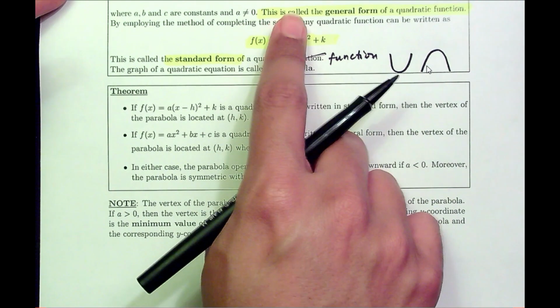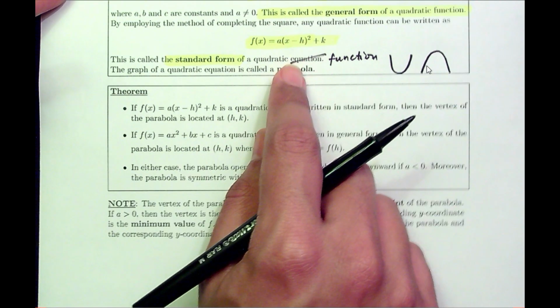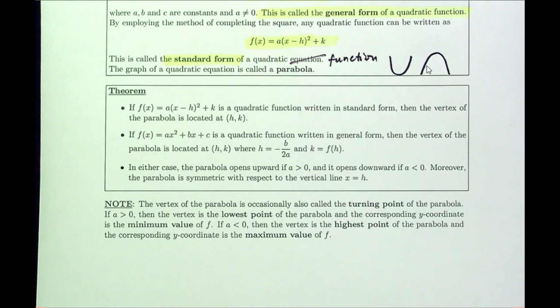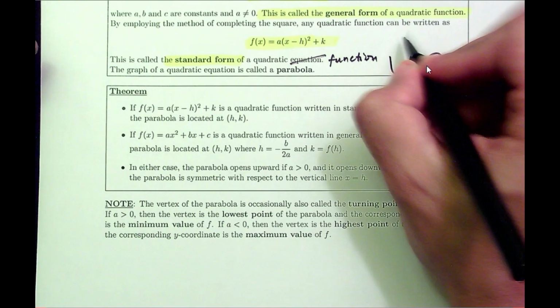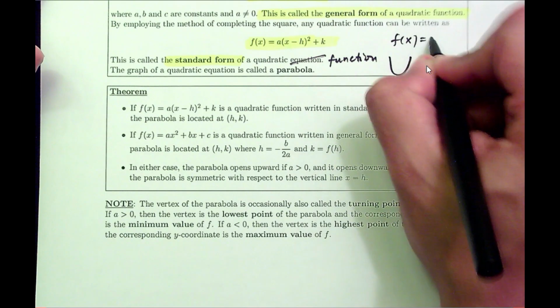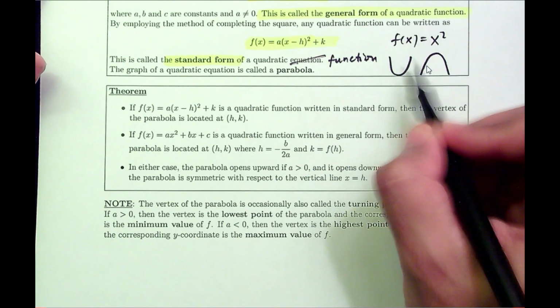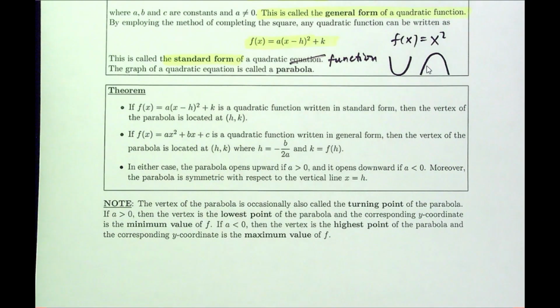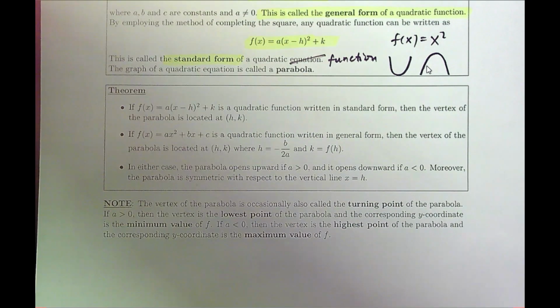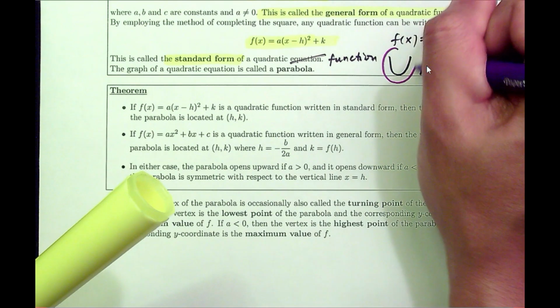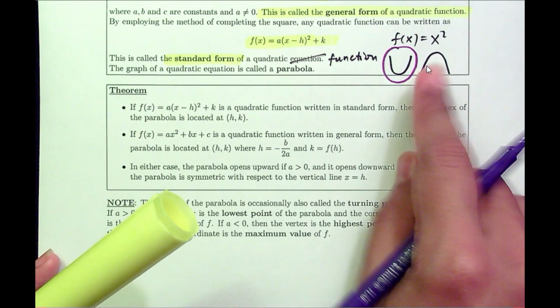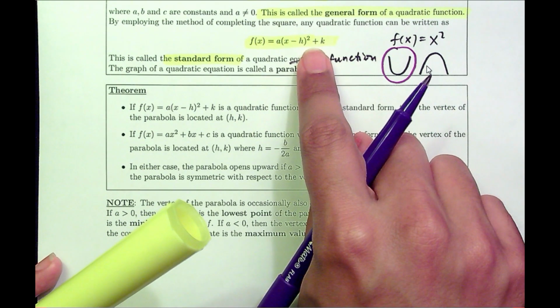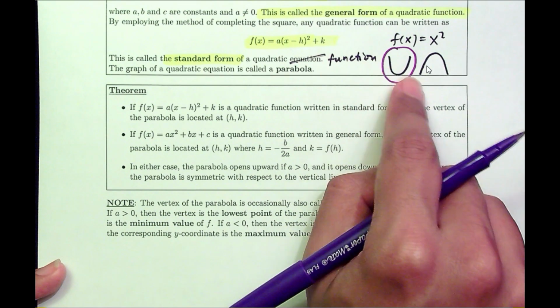For functions of degree 2, the basic function is the x squared. The basic graph of that looks like this. But in general, for a quadratic function like this, it's going to either look like this or like that.